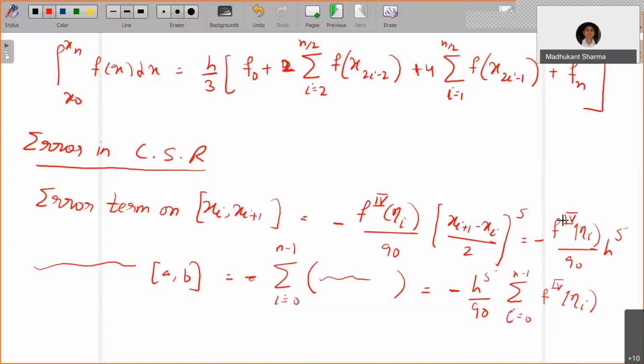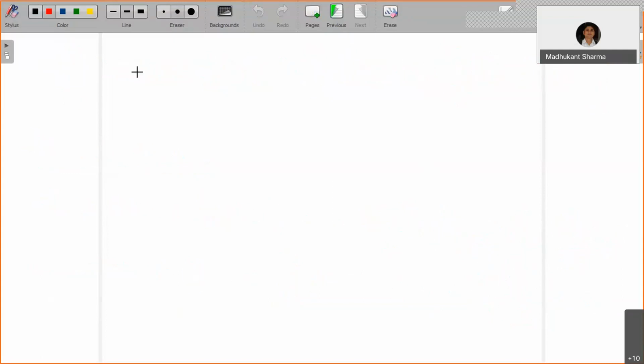Now, since the fourth derivative of f is continuous on the interval a to b, you can find a zeta. So you can again apply the intermediate value theorem here. We have f fourth derivative continuous on the closed interval [a, b].